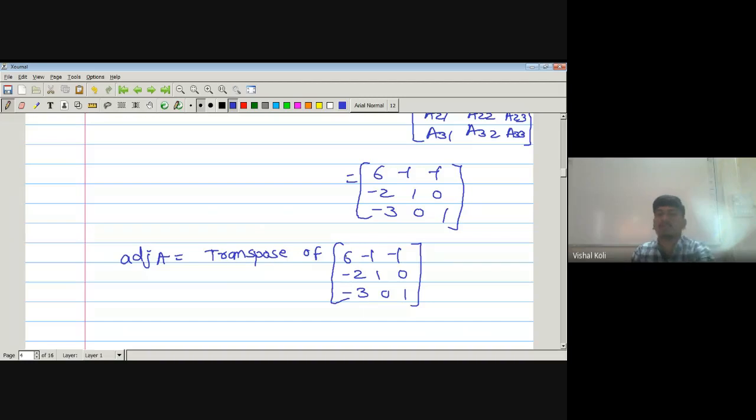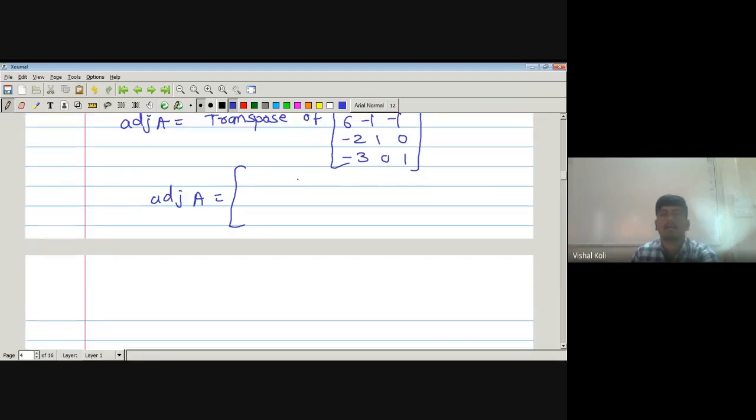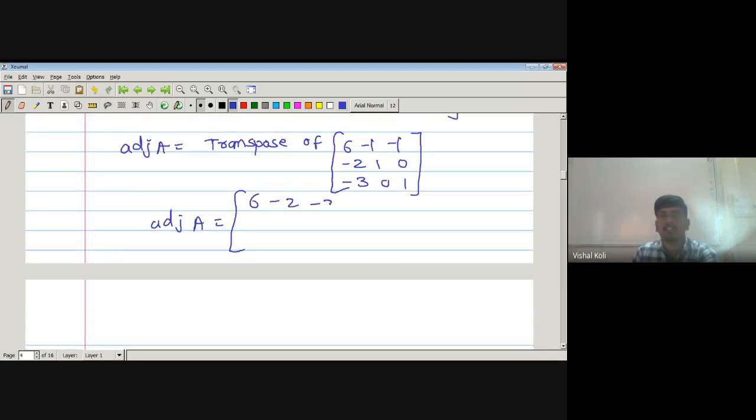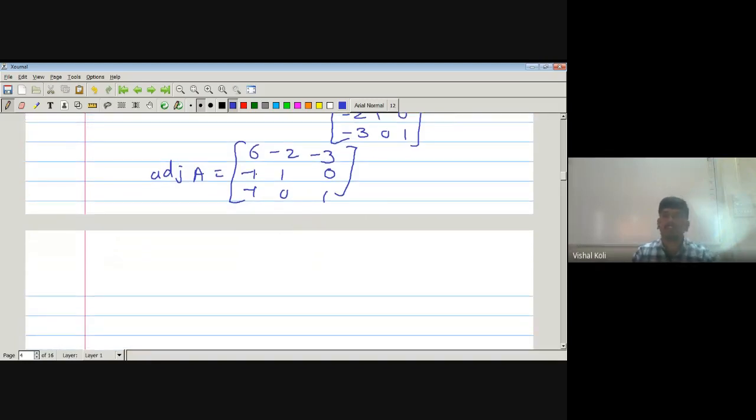Taking its transpose, we get the adjoint of matrix A as 6, minus 2, minus 3; minus 1, 1, 0; minus 1, 0, 1. So here we get the adjoint of the matrix.